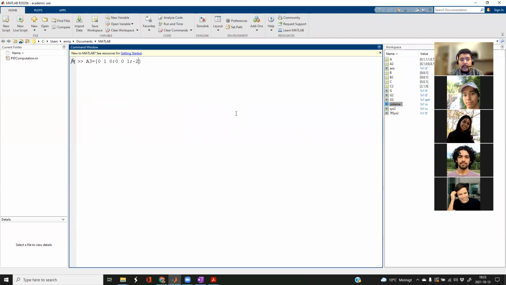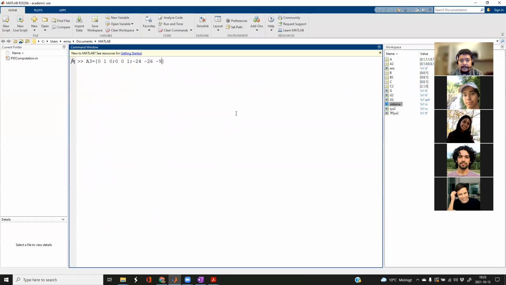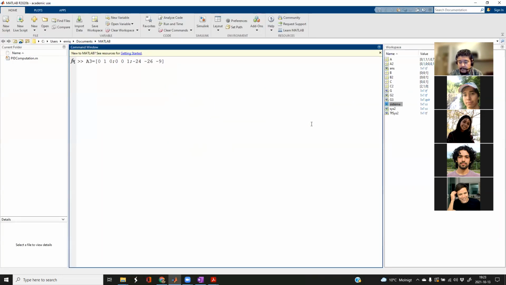So in this case, it's minus 24, minus 26, and minus 9. That corresponds to these coefficients that I have in here. And then C3 is going to be equal to 1, 1, and 0. And B3 is actually equal to B2 that I had defined before, 0, 0, 1.